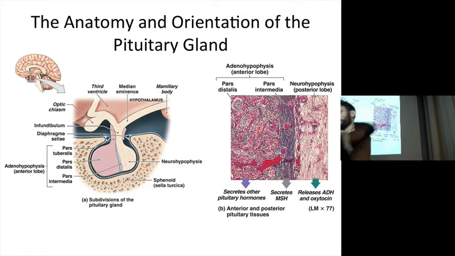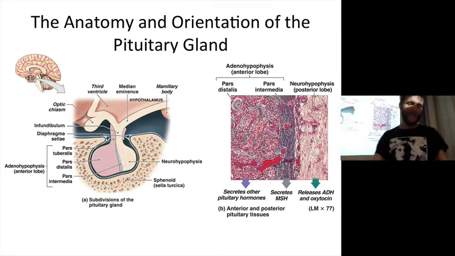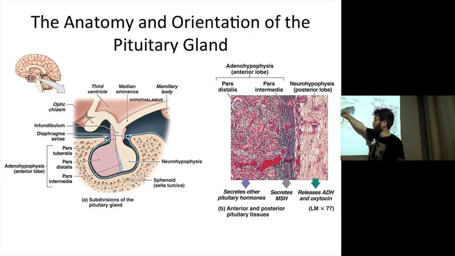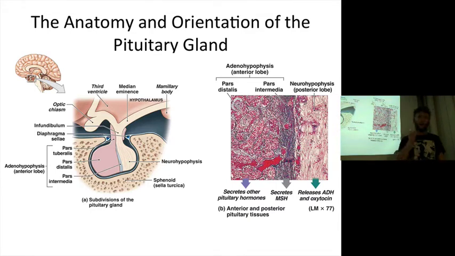Pardon me as I disrobe in class here on camera. It's hot in here. And then the neurohypophysis. There is a third functional region called the pars intermedia, which I will briefly talk about. It has a single function, which we will talk about just a bit.